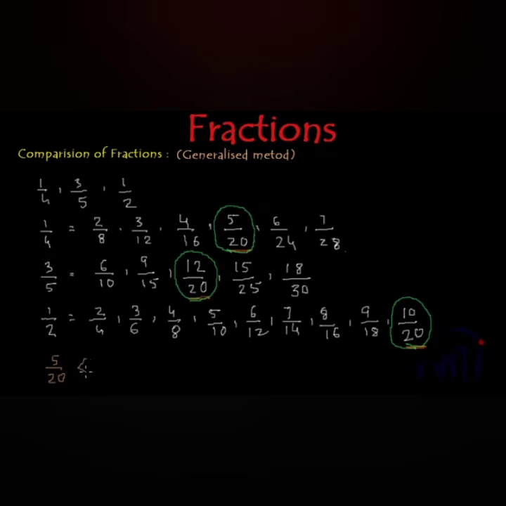And then we have 10 by 20, and this 10 by 20 is smaller than 12 by 20, right? Yes. And if I write the original fractions for all these equivalent fractions, our relation will be 5 by 20 is equivalent to 1 by 4.